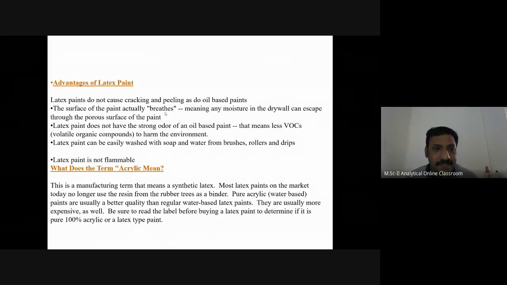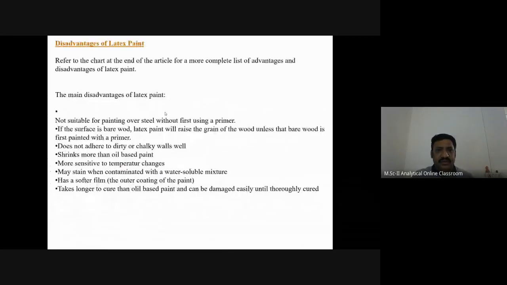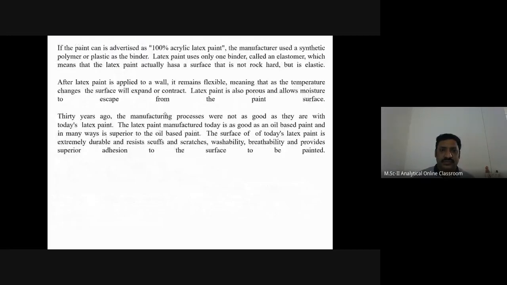Okay. So that is the advantage of the latex paint. Only 4 to 5 advantages over the oil-based paints, and latex paint is what? It is water-based. And the highest quality latex paint is what? Acrylic. You see here, 100% acrylic latex. Also you see different examples here.